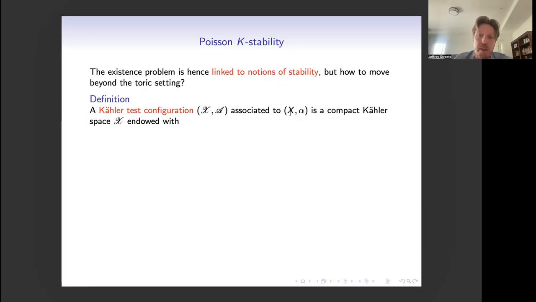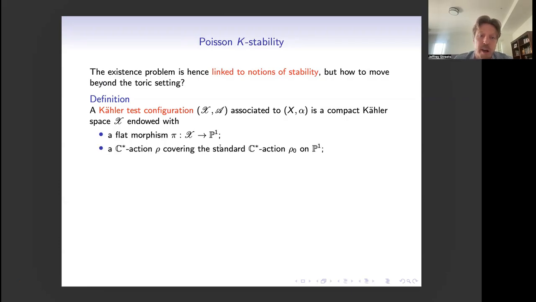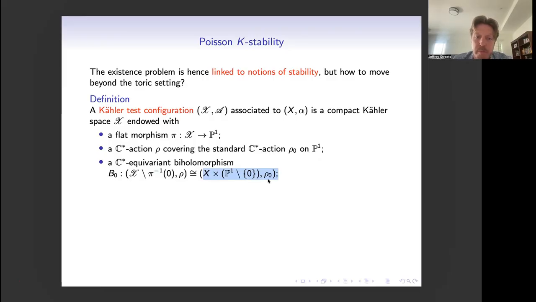A Kähler test configuration associated to a compact Kähler manifold (X, alpha), where alpha always denotes the Kähler class, is the following data: script X, script A, a flat morphism from script X to P1, a C star action rho on script X which covers the standard C star action rho naught on P1, and a C star equivariant biholomorphism from script X minus the central fiber to X cross P1 minus 0 with the action rho naught.